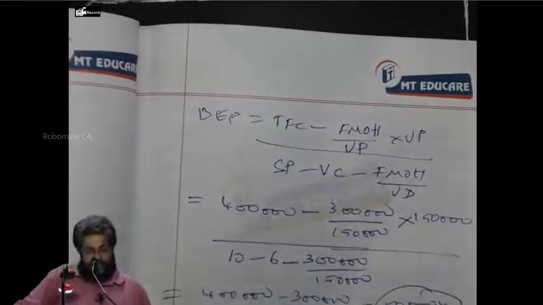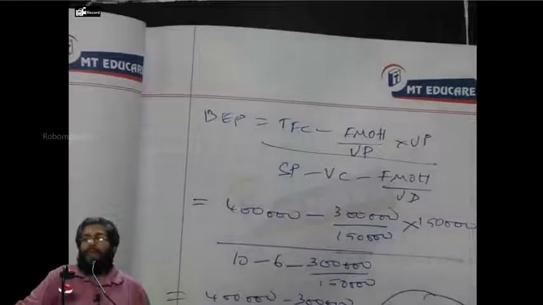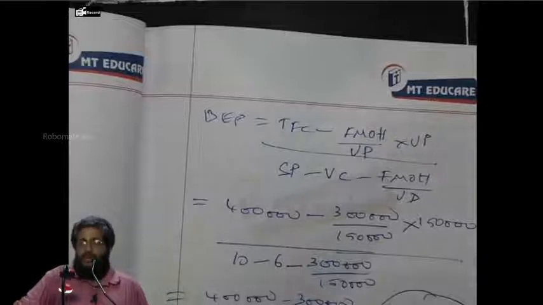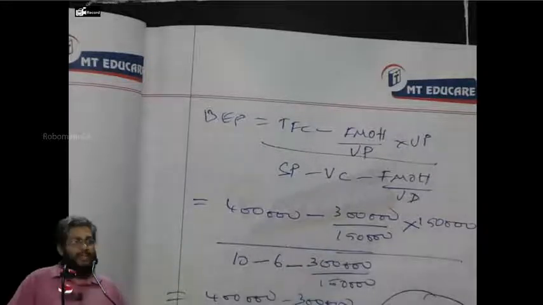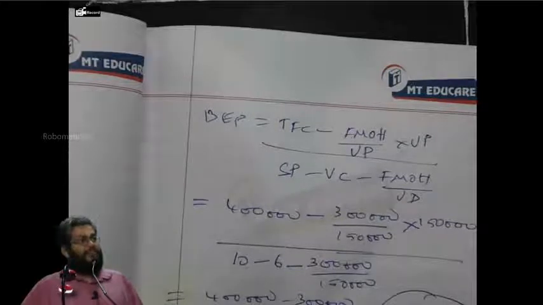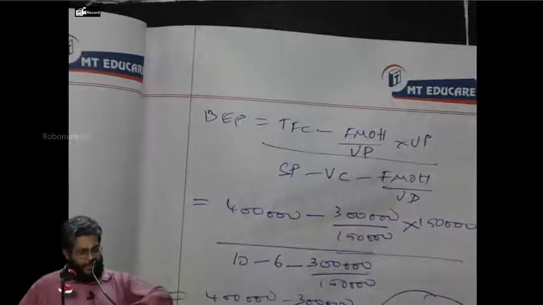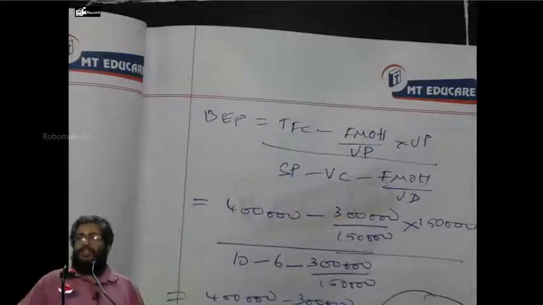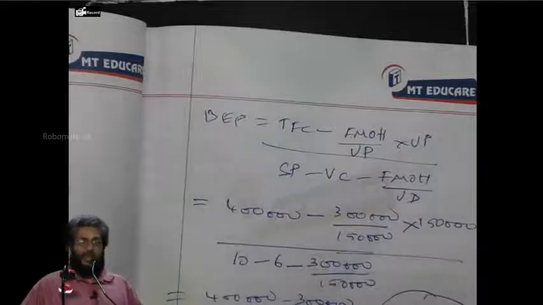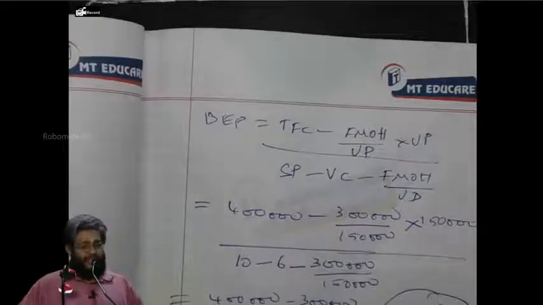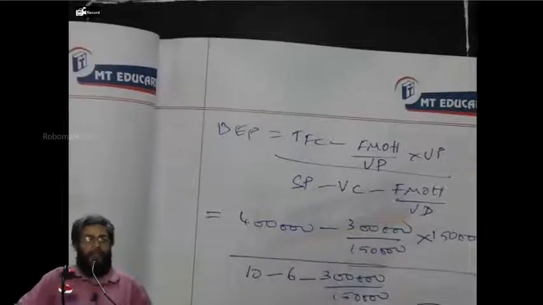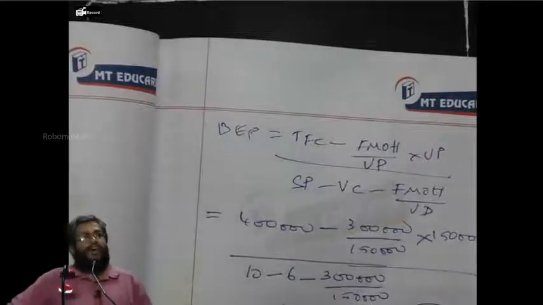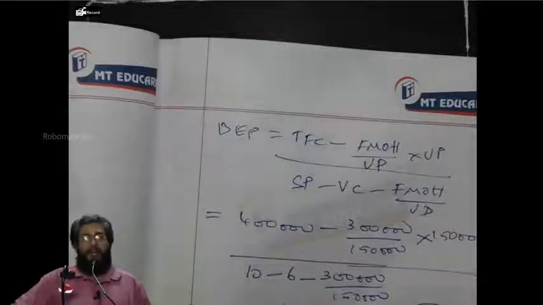What happens is, by increasing production, the stock is increased. And by increasing stock, fixed cost recognition is what?